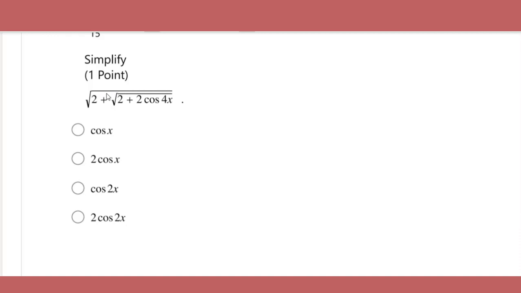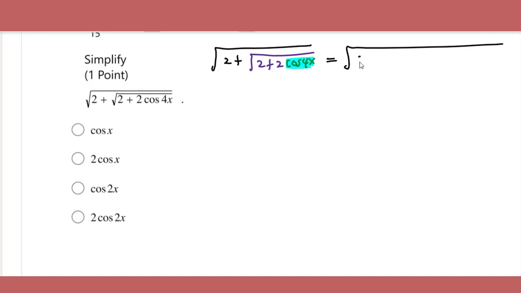Number 15, simplify: square root of 2 plus square root of 2 plus 2 cos 4x. Okay, so for cos 4x we use the double angle.